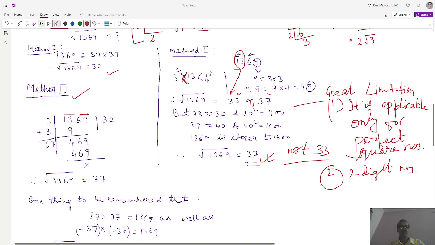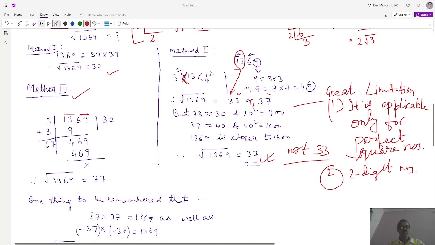So the number comes 4, 6, 9. Now the process is, we have to add this with this, that is, double this number. Then we will get 3 plus 3, 6. Okay.